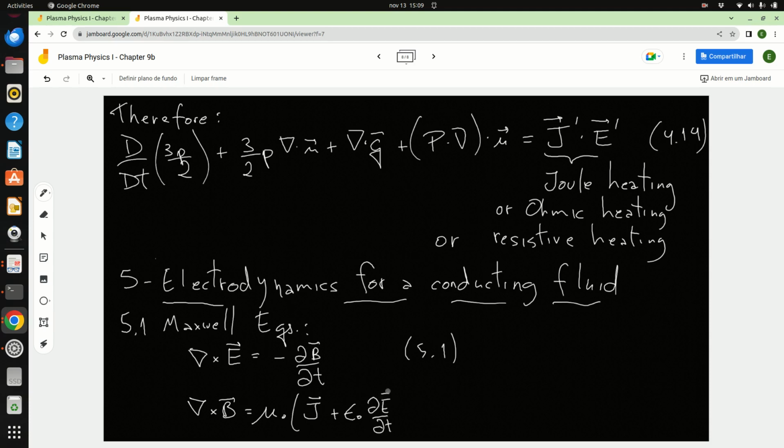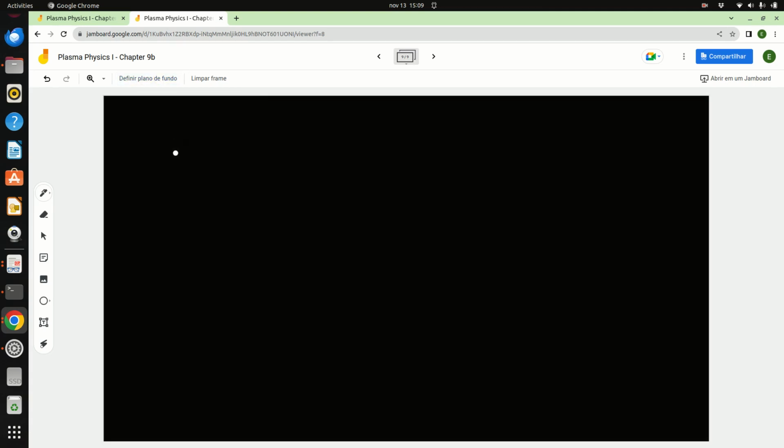If you solve both equations together, you have a coupled system for E and B, two equations and two unknowns. So we can find the electric and magnetic fields from these equations. Now we have also the conservation of charge, or charge conservation.